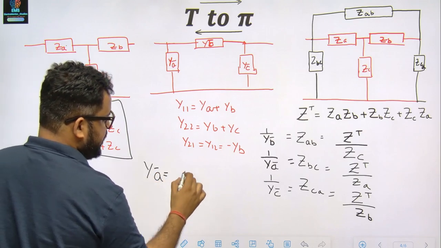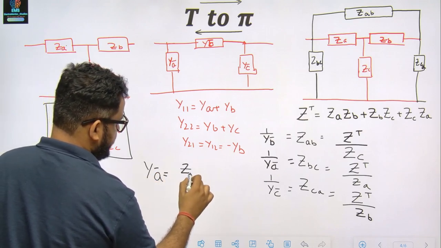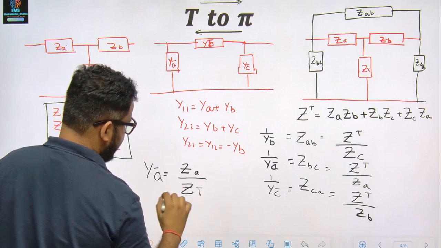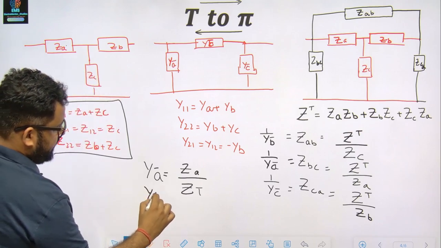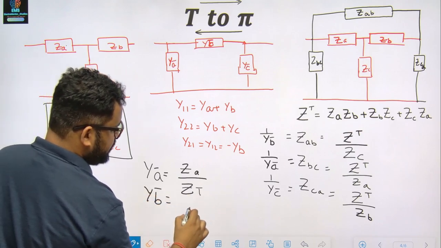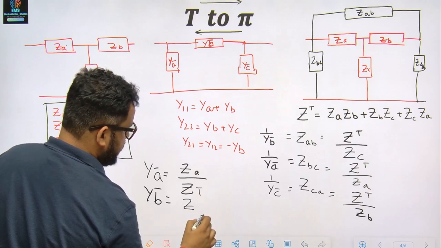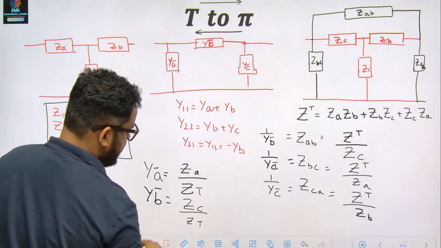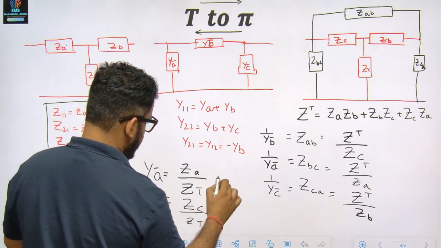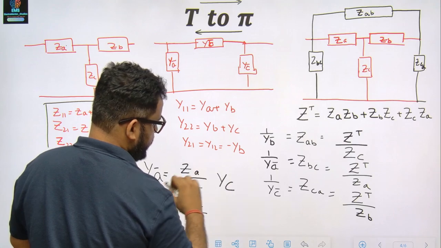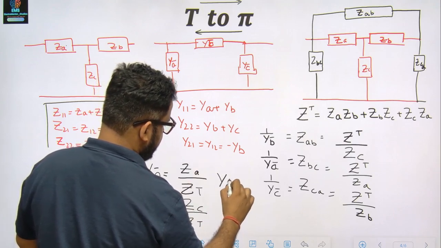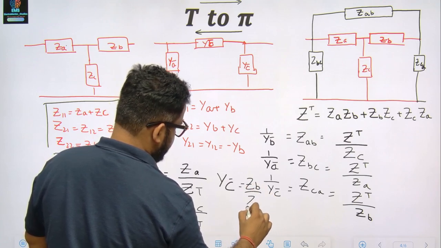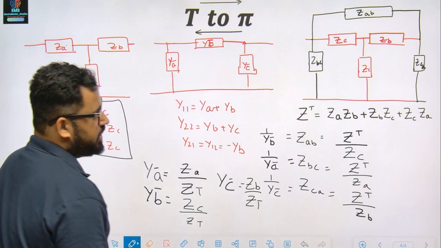YA dash is equal to ZA by ZT, YB dash is equal to ZC by ZT, and YC dash is equal to ZB by ZT.